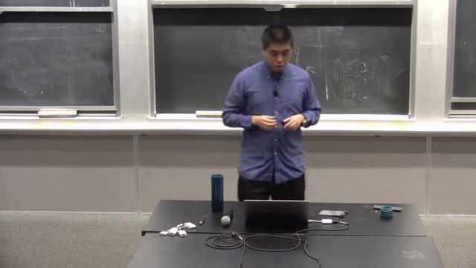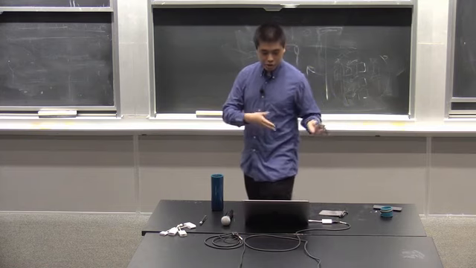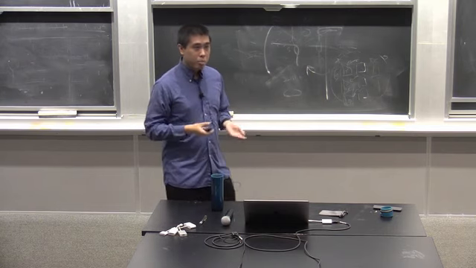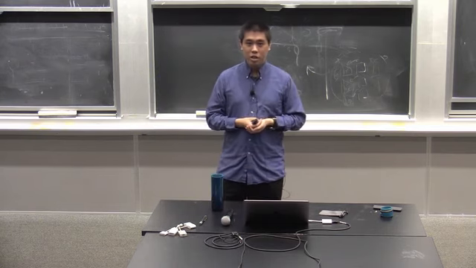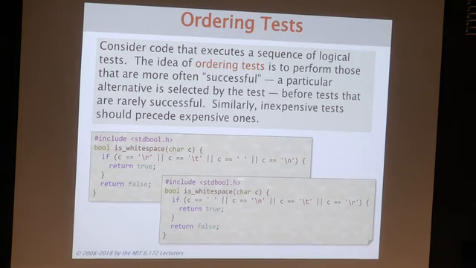Yeah. So it turns out that the space and the new line characters appear more frequently than the carriage return and the tab, and the space is the most frequent because you have a lot of spaces in text. So here I've reordered the test so that the check for space is first. And now if you have a character that's a space, you can just short circuit this test and return true.